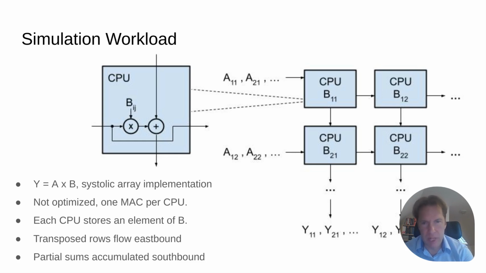So this is, again, a systolic array. Each CPU is storing one element of B, computing a MAC, and then you're shifting in the A values, and the results get shifted southbound.